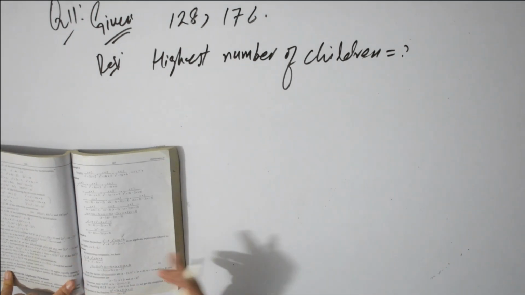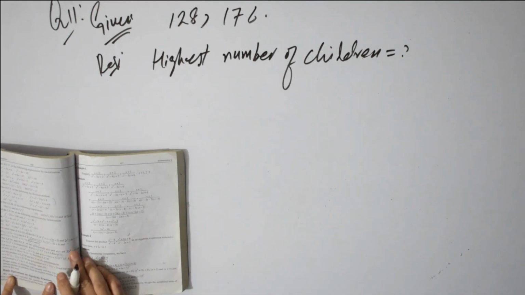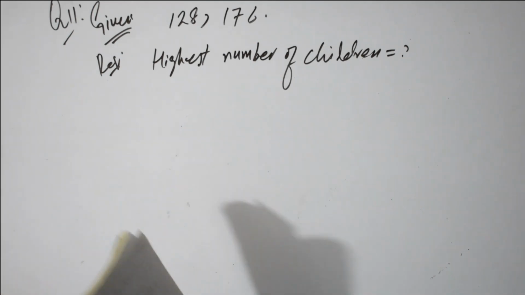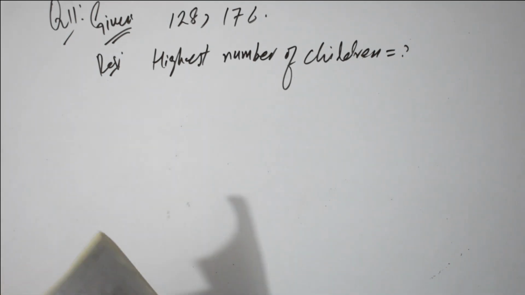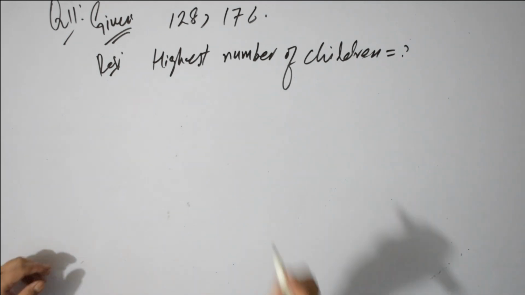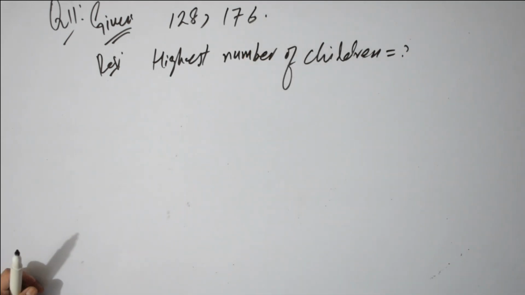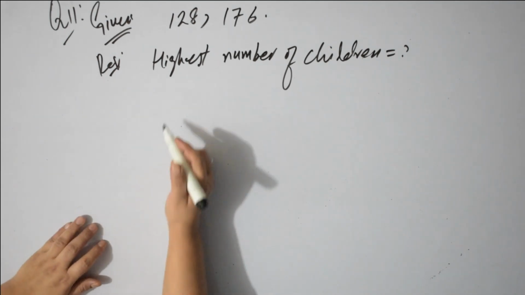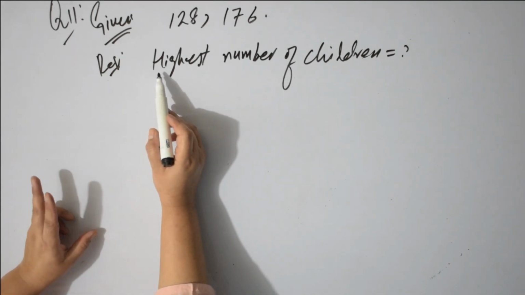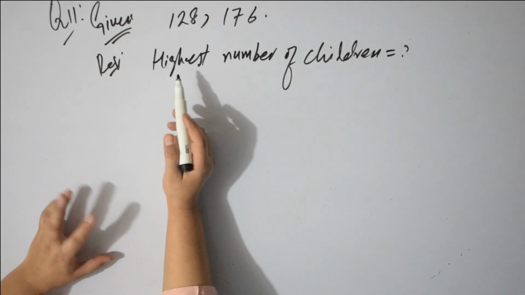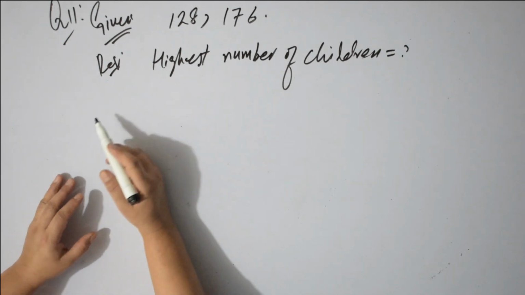How many children can get an equal amount of bananas and apples? See students, there are two numbers, 128 and 176. You have to find the highest number. Highest number means HCF. You know HCF is the highest common factor. So since the word highest is present, it means we have to find the HCF.